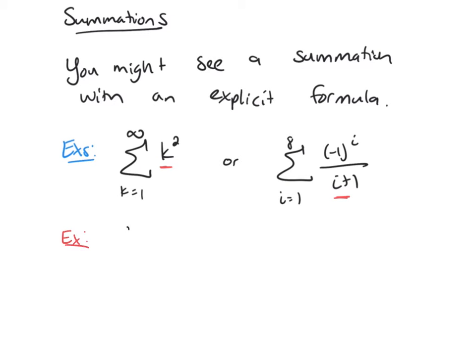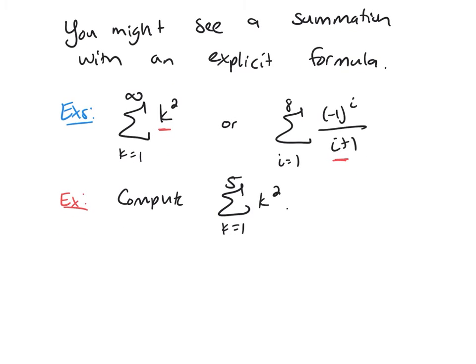Let's say I want to compute the summation from k equals 1 to 5 of k squared. Remember, when you're writing out these summations, we're going to write it out in expanded form. You start with your lower bound being 1.